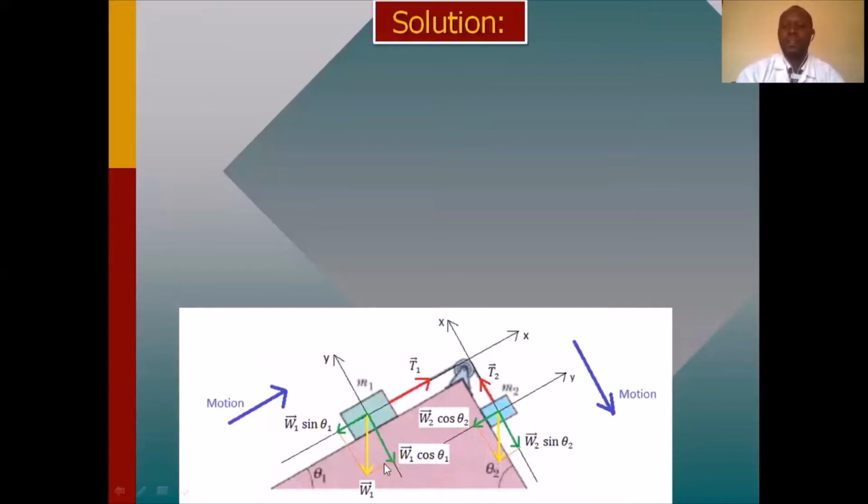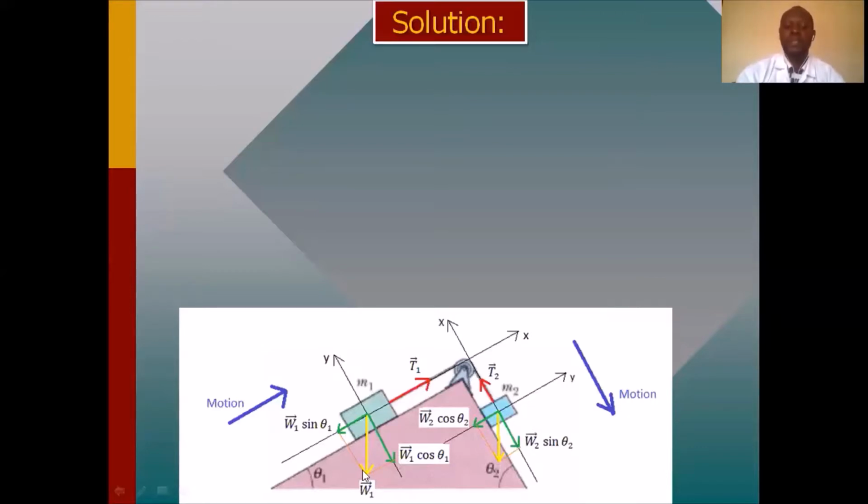I think all of you know how to do projection of a vector. From the head of weight 1, we do projection on the y perpendicular to it, and we get this component, weight 1 cosine theta 1. It is a component which is adjacent to the angle theta 1.